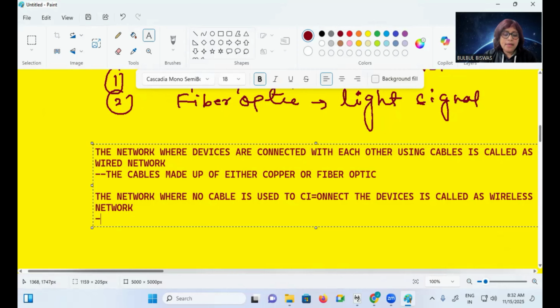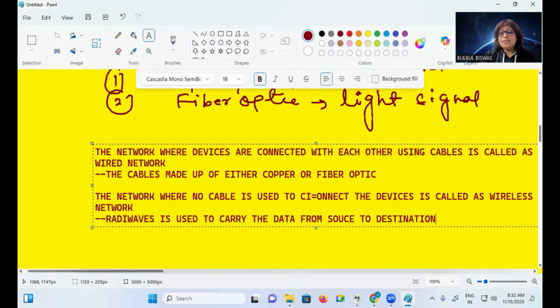Radio waves are used to carry the data from source to destination, and we call it a carrier.